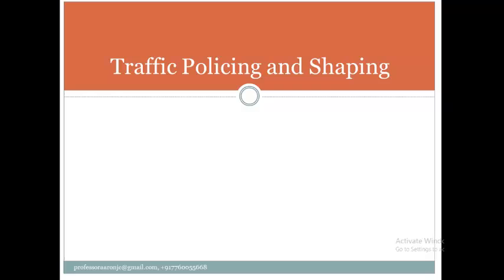The smooth method is shaping. Why do I call policing the rough method?